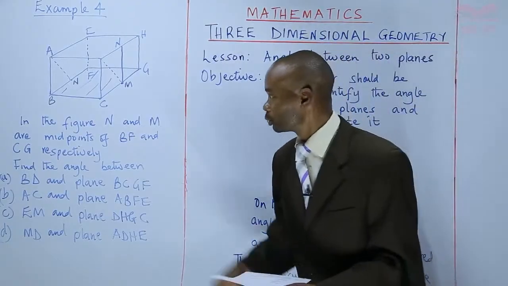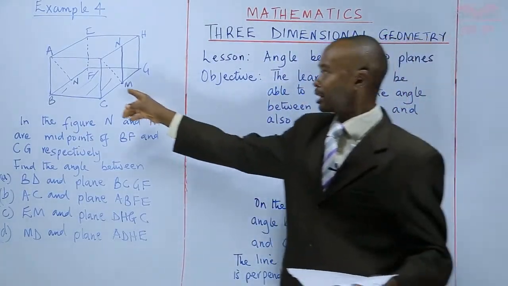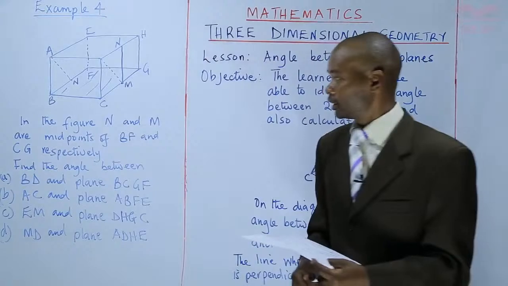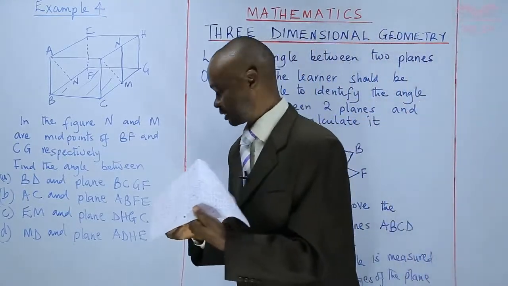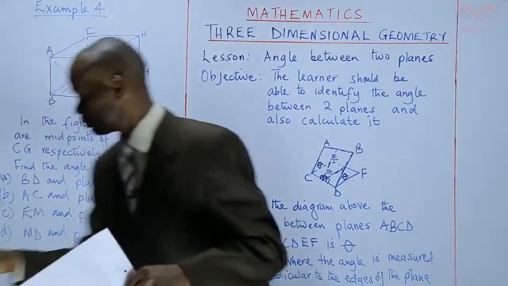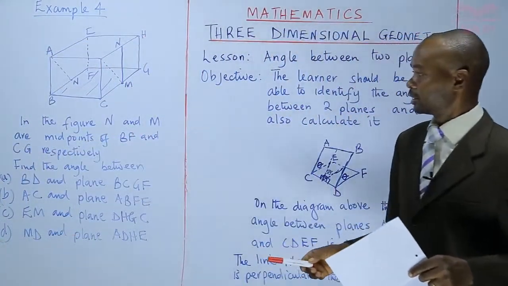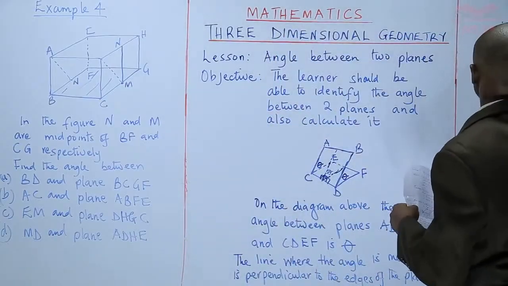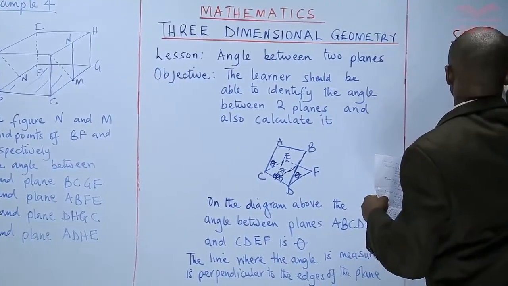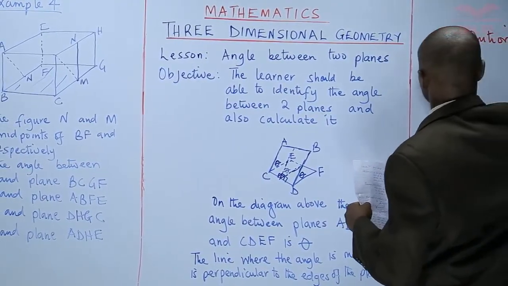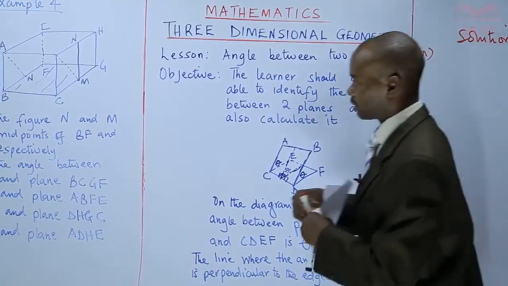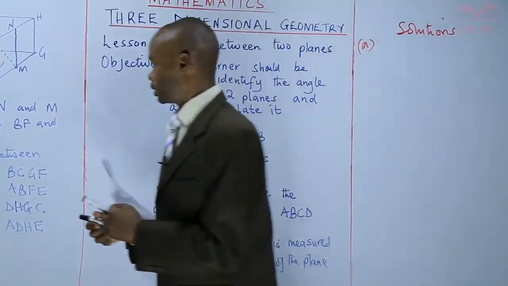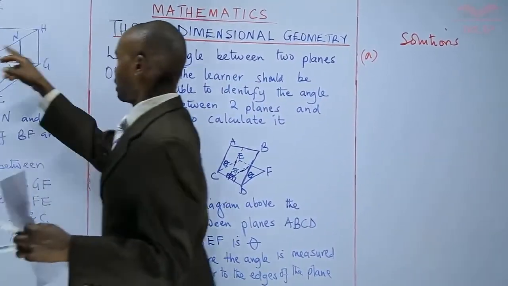So we shall go to our diagram. In the figure, N and M are the midpoints of BF and CG respectively. You are told to find the angle between, in A, BD and BCGF.